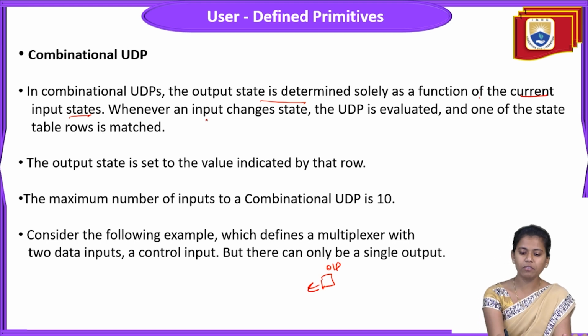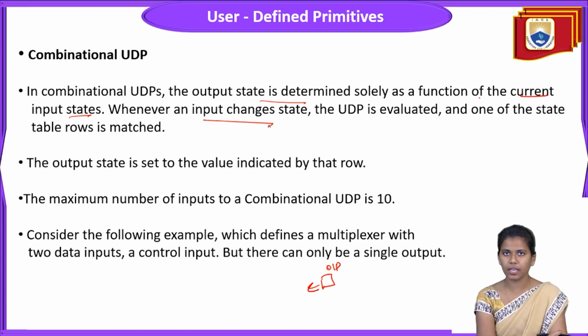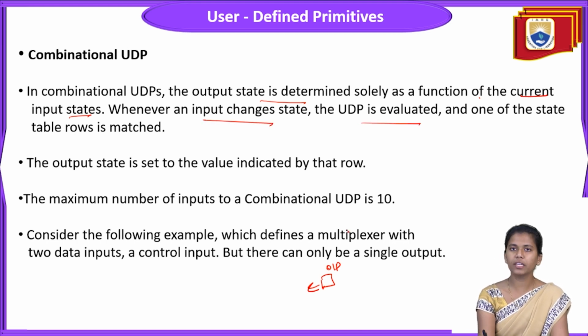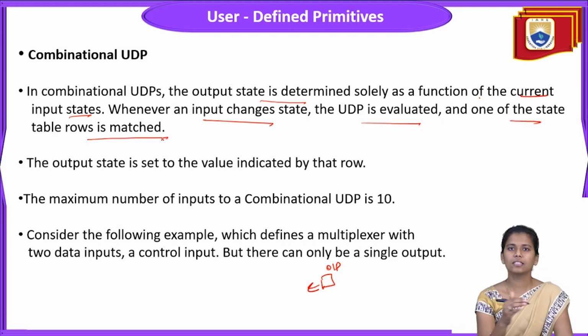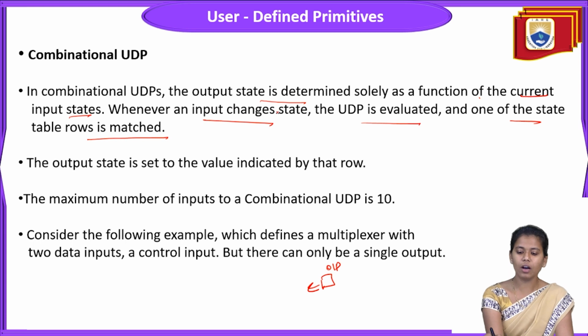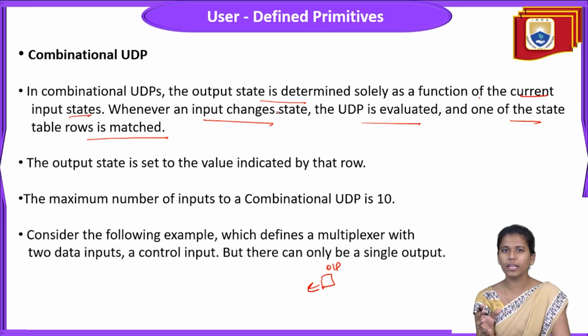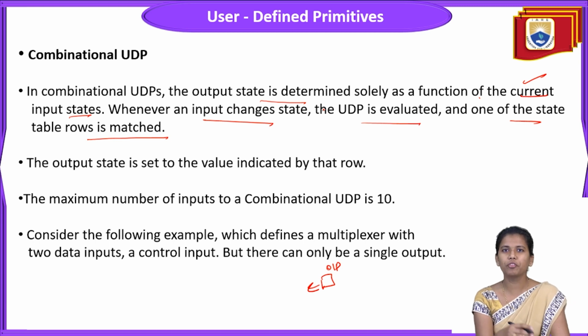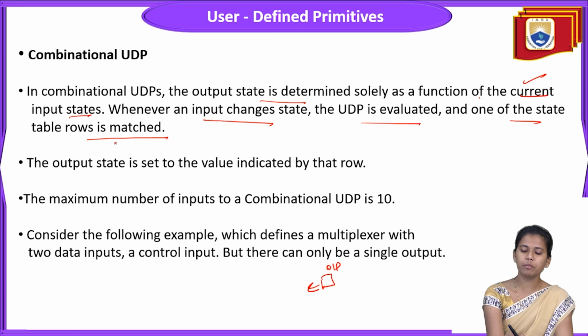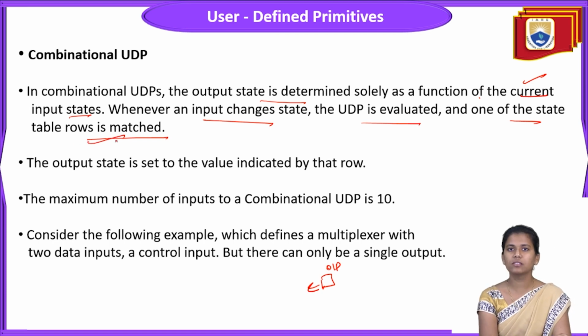Okay. So whenever an input changes state, the UDP is evaluated and one of the state table rows is matched. As I said, the output is determined only as a function of the current input state. So if you see any changes occurring at the input, then one of the table rows should be matched.